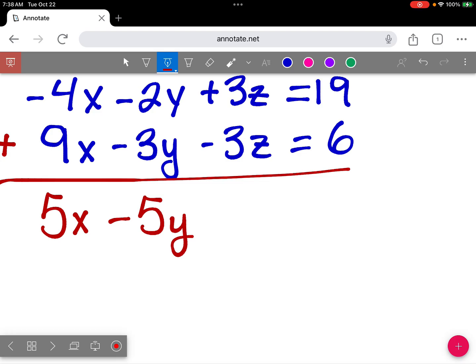And I get 19 plus 6, which is 25. Questions on that part?